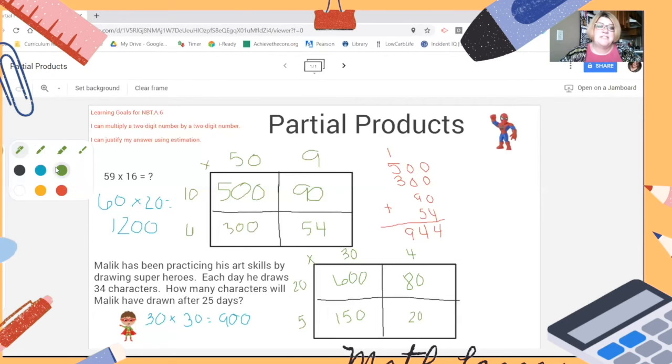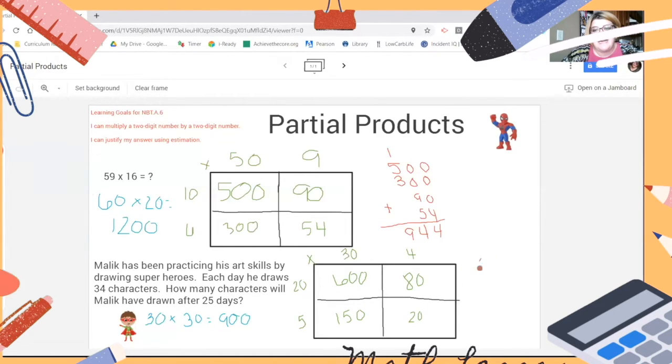We are now ready to add all of those up outside in the box and see if we are close to our estimate of 900. Let's see, we're going to add 600, 150, 80, and 20.